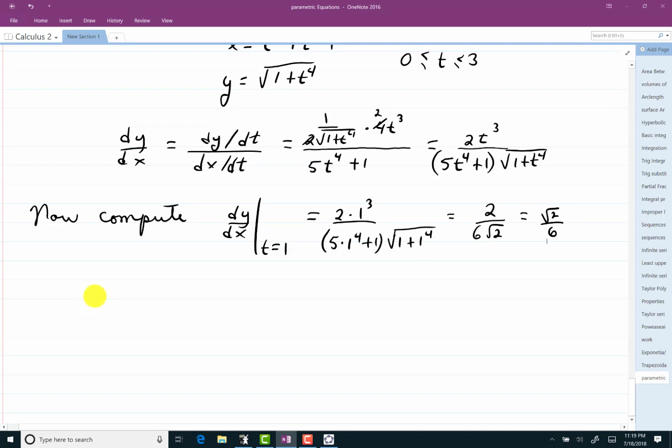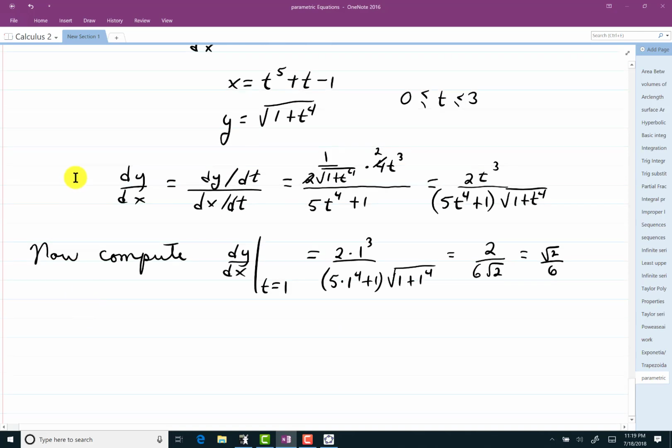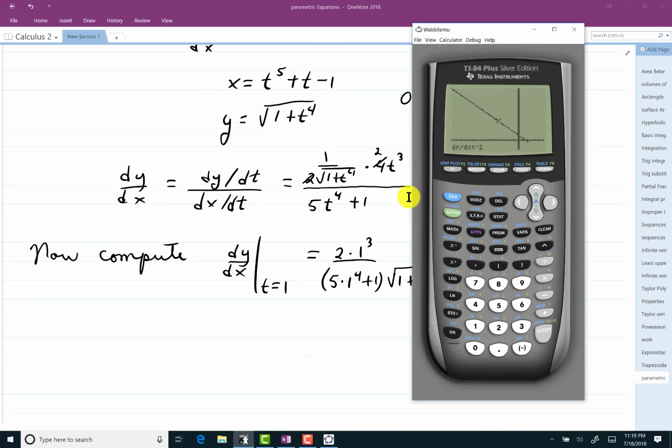Let me have my calculator check it out on me. Let me put this back. Put these things in here. Let's clear this. t to the 5th plus t minus 1.